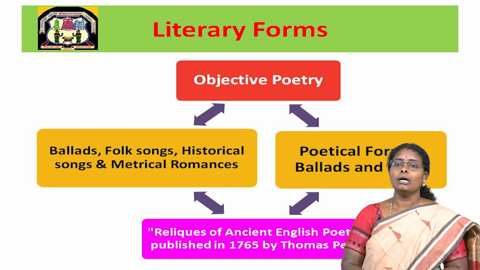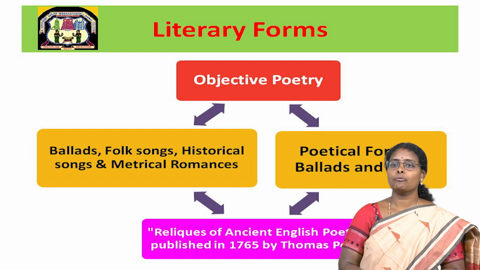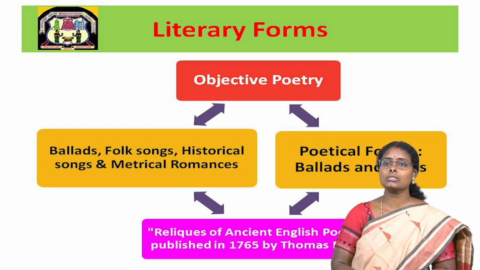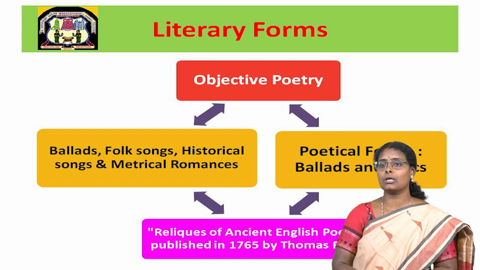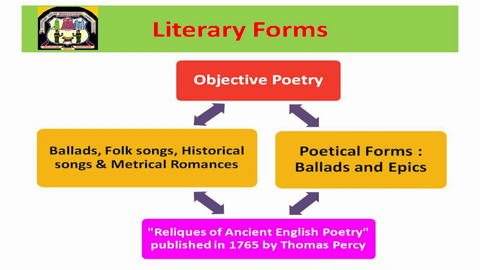Objective poetry includes ballads, folk songs, historical songs, and metrical romances, and its poetical forms are ballads and epics. For example, Reliques of Ancient English Poetry, written in 1765 by Thomas Percy.